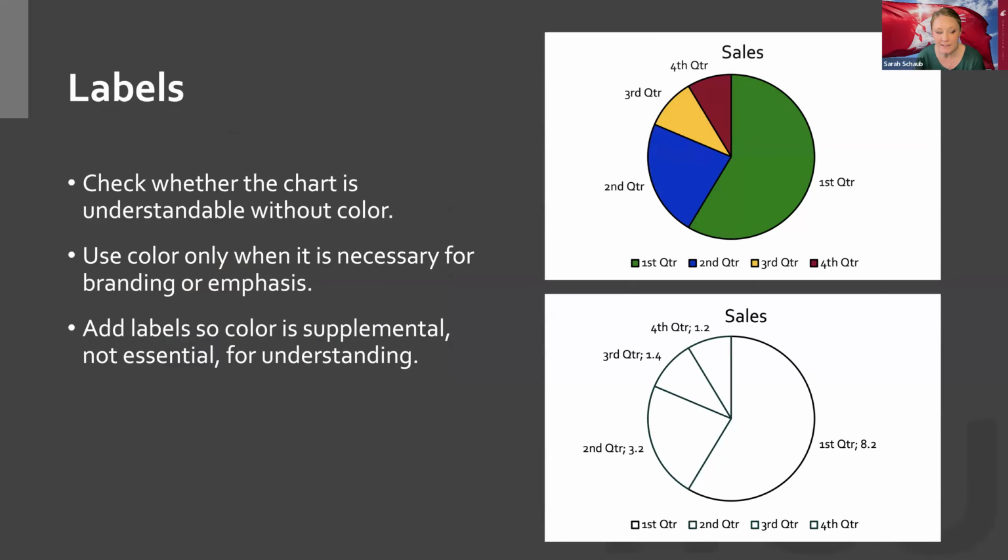And then below that is an example of a sales chart that has the quarter along with a number identified. And the one below it makes sense because you're including the data along with the quarter for each pie slice, and you don't need color to change the meaning. So if it can be understood without color being applied, then it's accessible on its own.